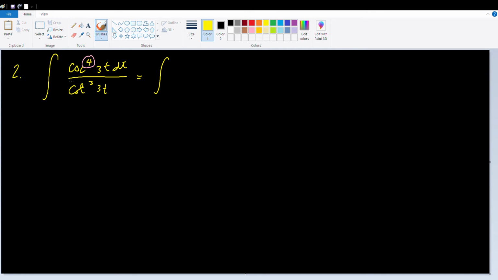And we rewrite 1 over cotangent cube 3t as cotangent raised to negative 3 3t. We bring up our cotangent cube 3t, so we will have a negative exponent of negative 3. And cosecant to the fourth will be split into cosecant squared 3t cosecant squared 3t dt. And we know that cosecant squared 3t dt is the differential of cotangent.